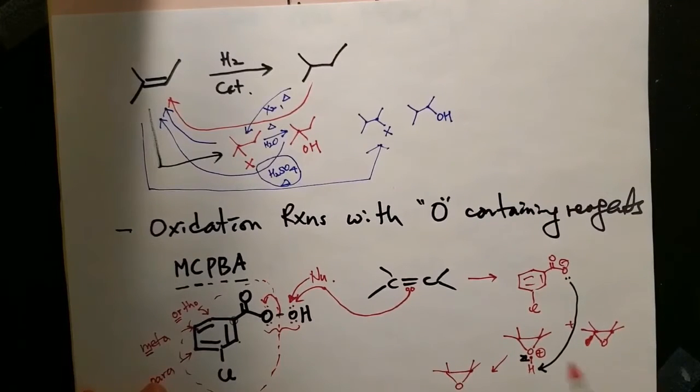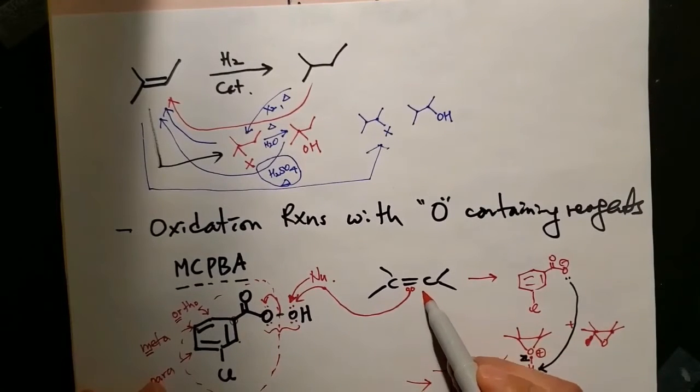And I hope you notice the change of geometry on the sp2 carbon, now sp3. So you can think of this as a stepwise reaction like this, but in real life it is a concerted reaction that happens at once, forming this. So I'm going to show you.